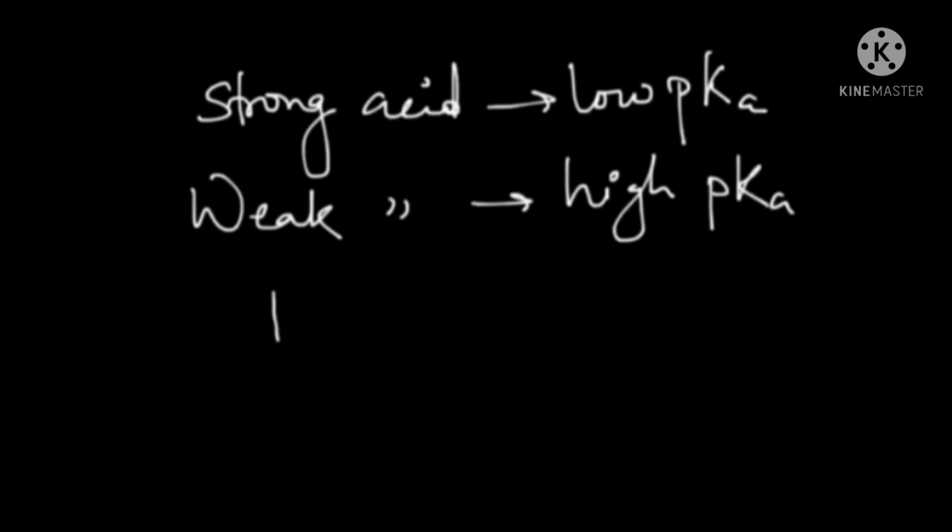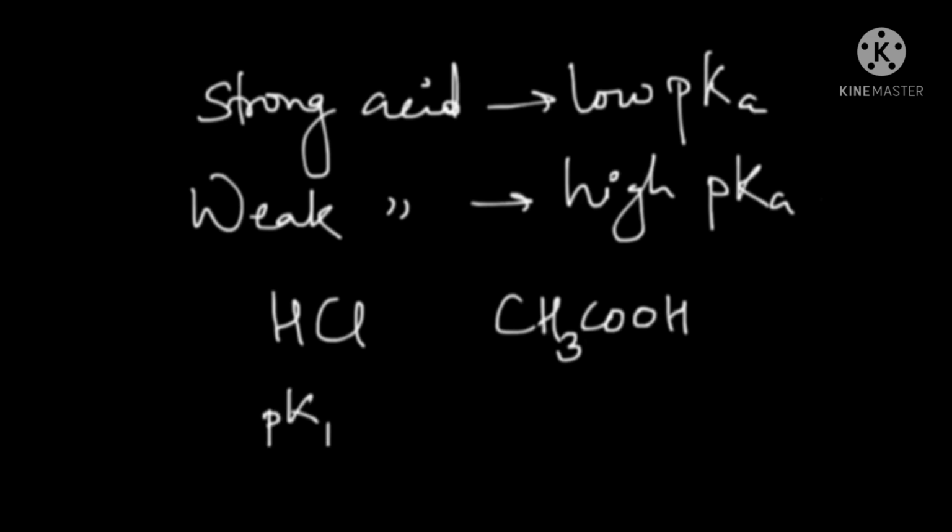For example, if you have HCl and CH3COOH, which one of them will have higher pKa value? So if you call the pKa of HCl as pKa1 and for acetic acid as pKa2, we know that since HCl is a stronger acid, it will have a low value of pKa.